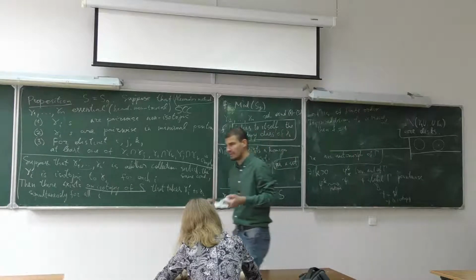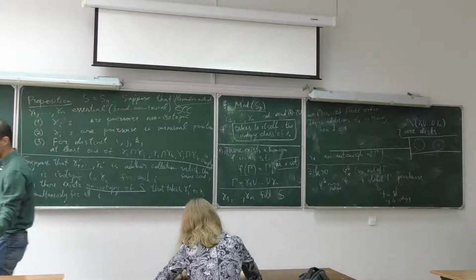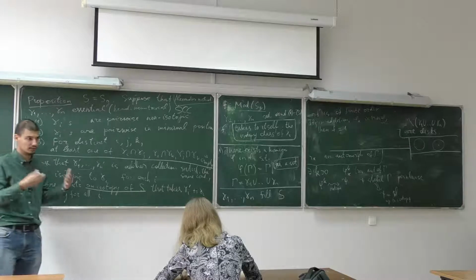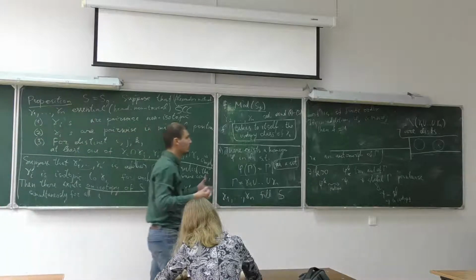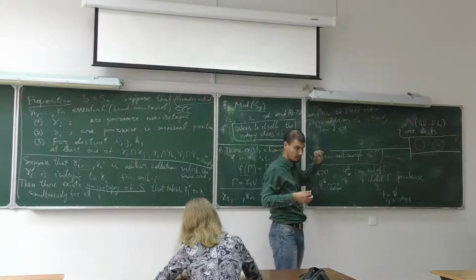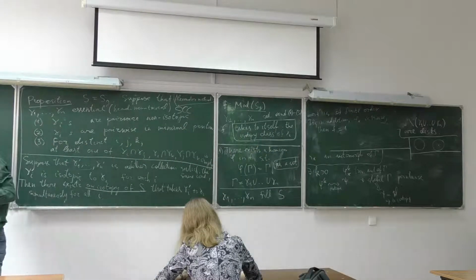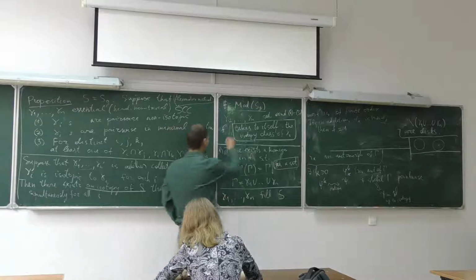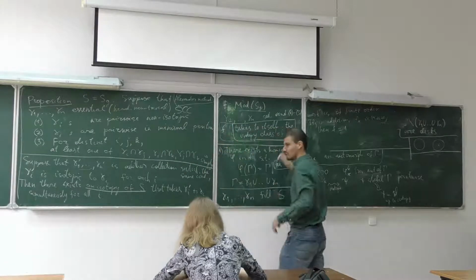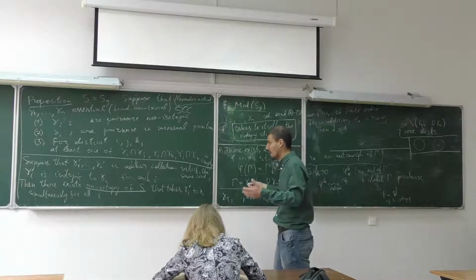So this is a method for proving that some mapping class is trivial, or at least is of finite order. And this is a very useful method since this condition is something that we can check.